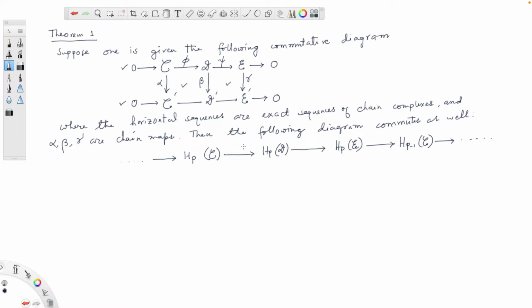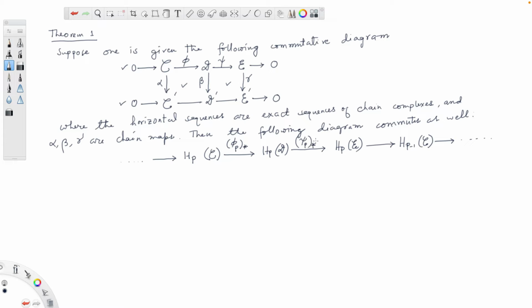So the group homomorphism from HPC to HPD is denoted by phi p star. The group homomorphism from HPD to HPE is denoted by psi p star.